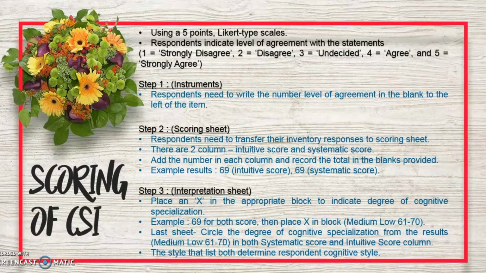The last one is the style that lists both, which determines the respondent's cognitive style, which is the style that lists that circle in the systematic score and also the intuitive score determine the respondent's cognitive style. I will show you in the next slide.